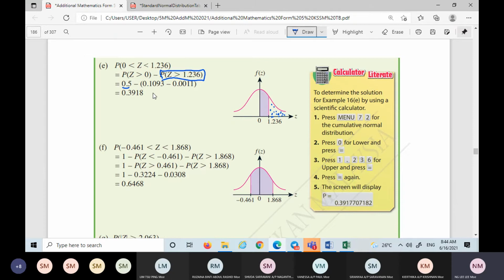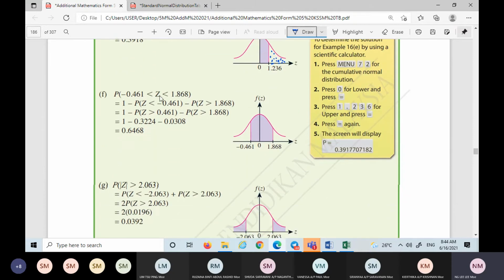Now we still have three more. How about this? In between a negative value and a positive value. So you sketch out the graph. A negative value, you draw a line on the left. A positive value, you draw a line on the right. So the area is in between. I can't read this one in between from the table.